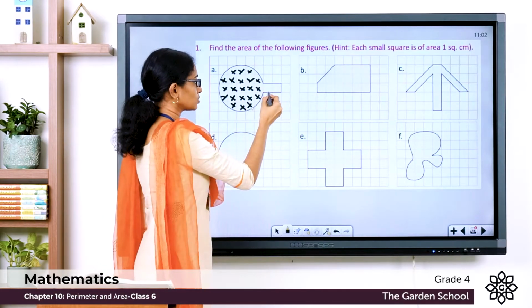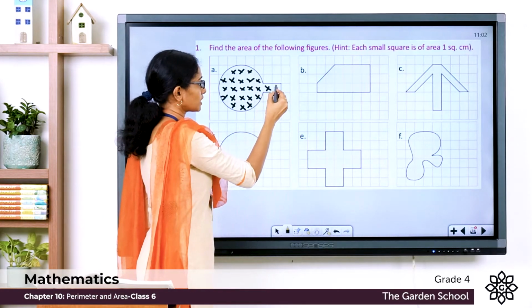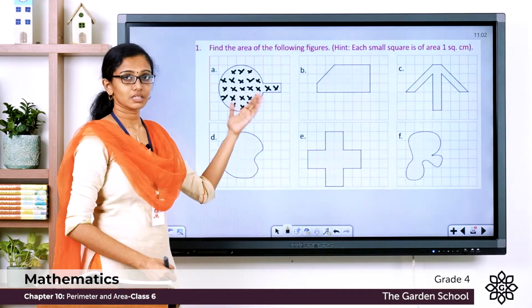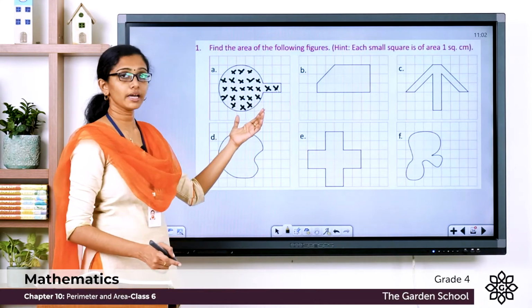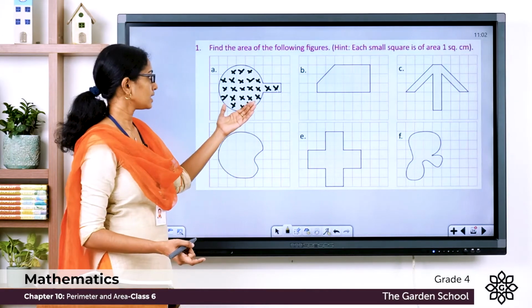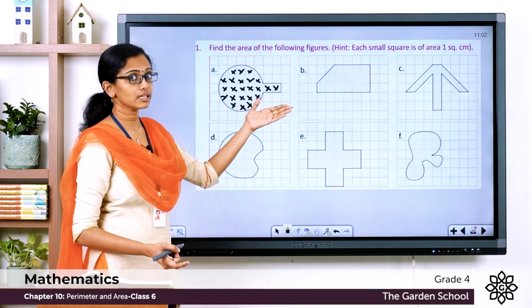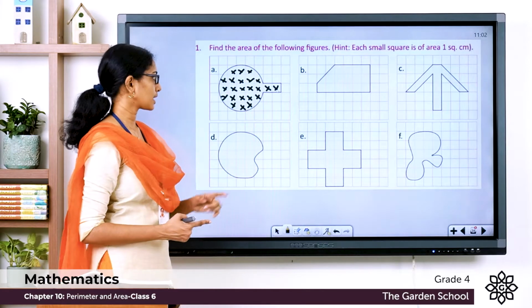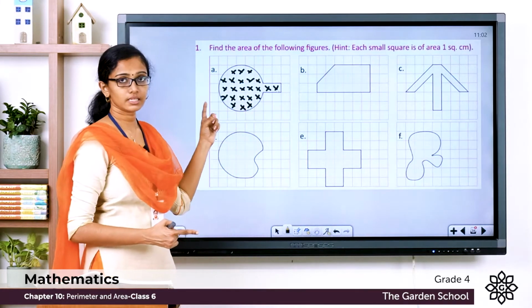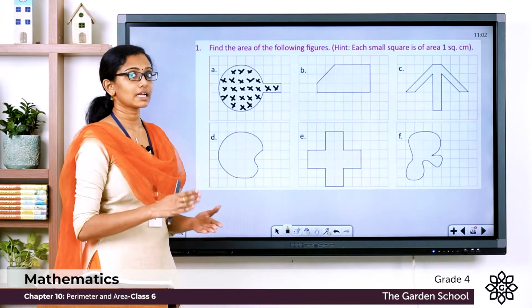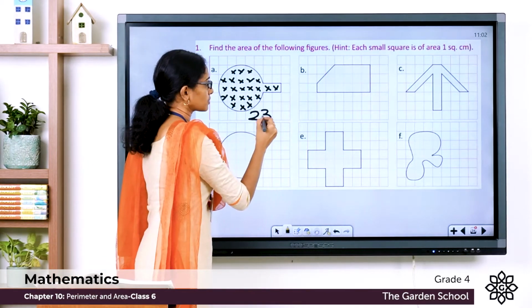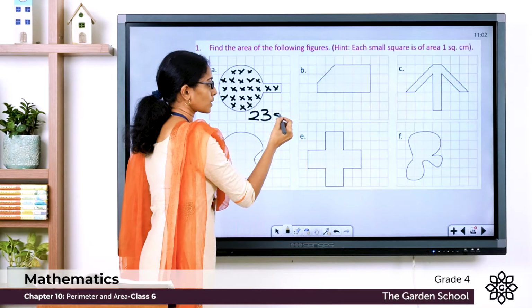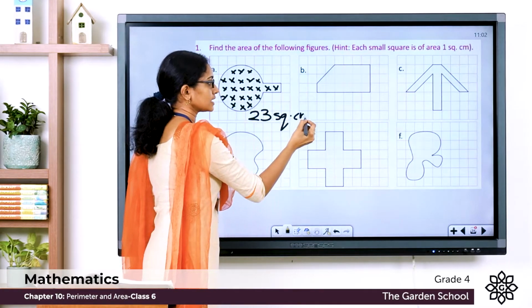Then these two full squares, which would be 22 and 23. So this figure covers a few full squares and some squares which are covered by half or more than half, and that is equal to 23 squares or 23 square centimeter. And you can also see a few squares are covered in less than half. You can ignore them. So in this case, for question A, the approximate area is equal to 23 square centimeter.